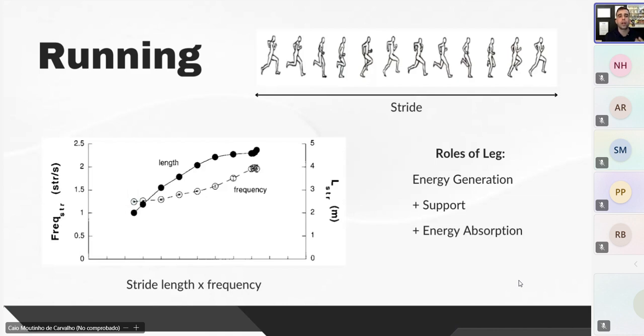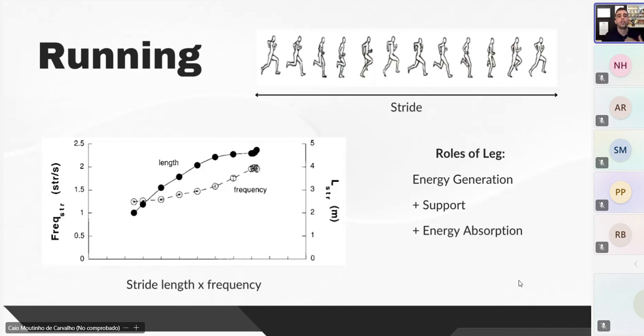And when we go to a mid-speed and accelerate a little bit, our body tends to start by increasing the length before the frequency. We don't keep short steps with more frequency. We tend to open the length of our steps and our stride, but with still lower frequency.